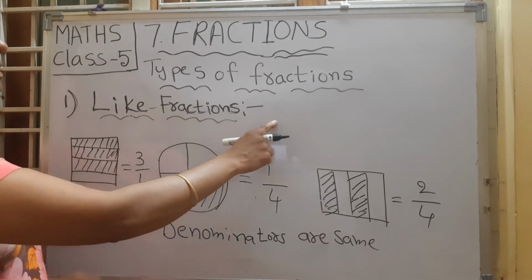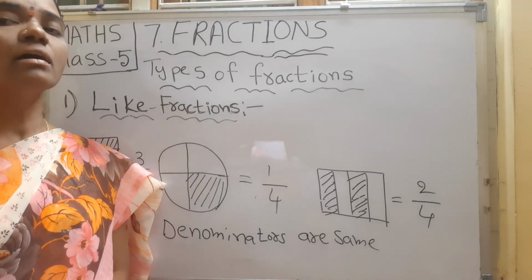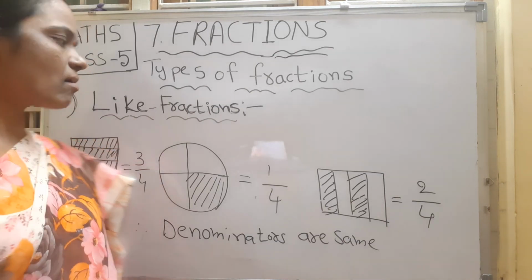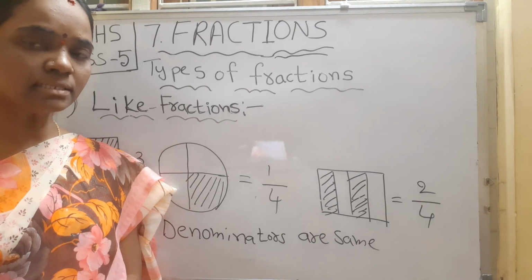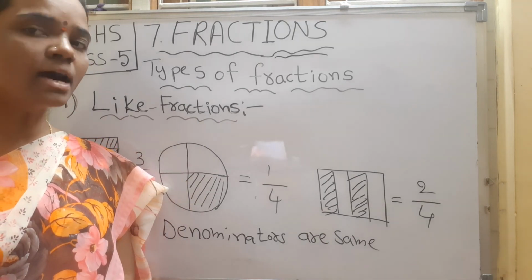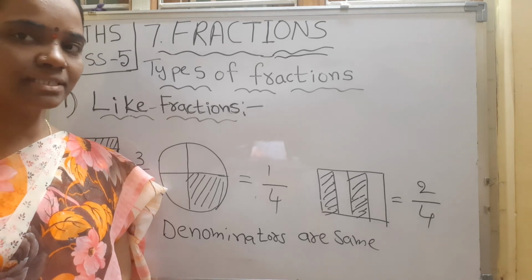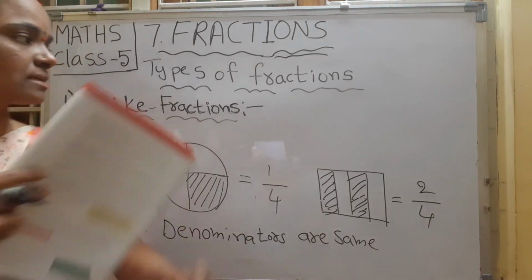So the fractions which have the same denominators are called like fractions. So what are like fractions? The fractions which have the same denominators are called like fractions. Shall we write the definition now? Yes. What is the definition of like fractions?